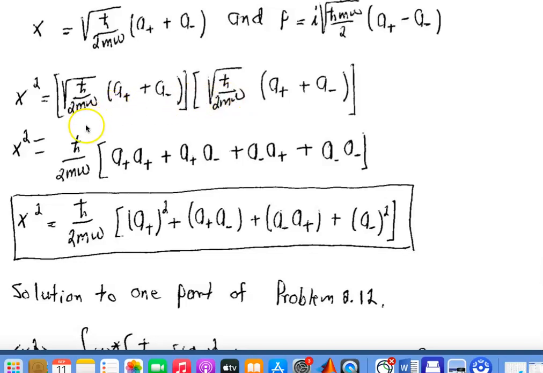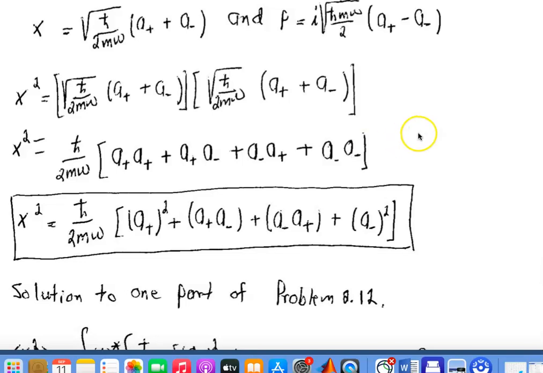When I multiply just the constants, I get h bar over 2m omega. Then a sub plus times a sub plus is the product of a sub plus and a sub plus, a sub plus times a minus is a sub plus times a minus, a minus times a plus is a minus times a plus, and a minus times a minus is a minus times a minus.